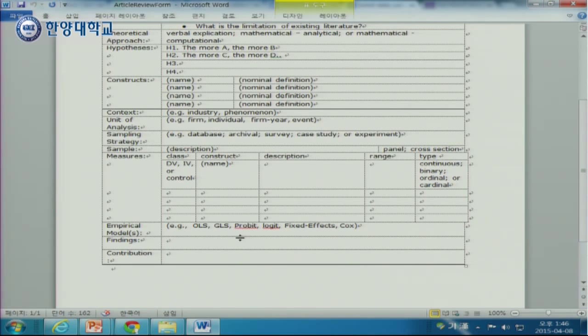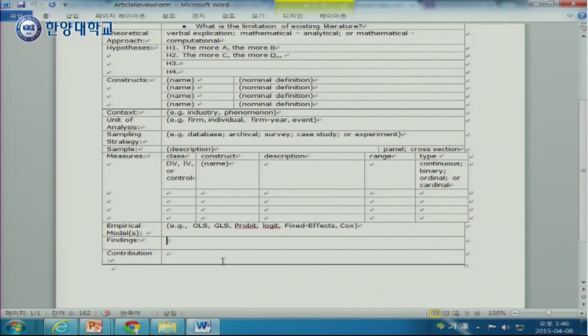Findings is basically whether you reject or cannot reject the hypothesis. Hypothesis 1 is accepted, hypothesis 2 is rejected, something like that. But since you haven't finished your empirical analysis yet, there are no findings yet, so you can skip this part.